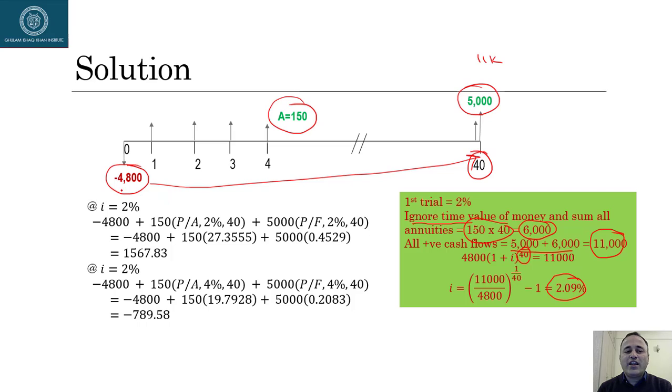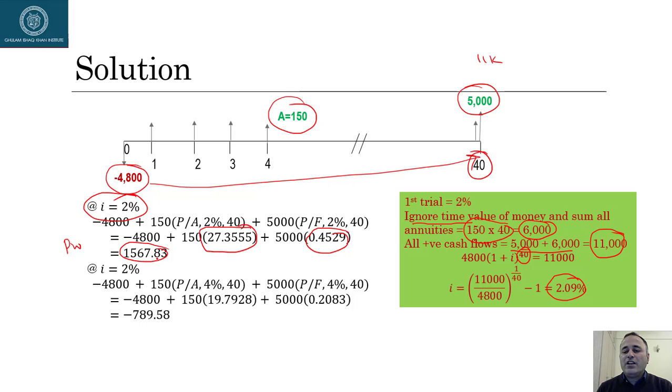So my first try would be 2%. I get these factors from the factor tables, the PF factors and the PA factors, and at 2%, my PW is 1567.83.